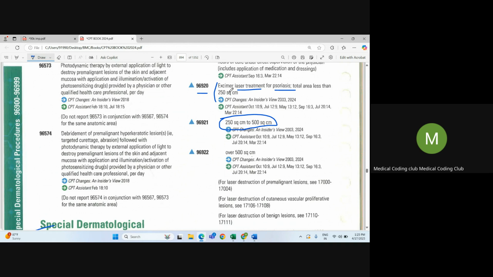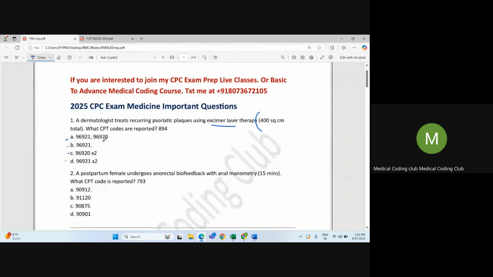The meaning of this procedure is that the dermatologist will treat skin conditions like psoriasis utilizing UV light. They will target the plaques and treat them with the UV lights. That is what EXCIMER laser treatment or therapy means. And since we have 400 square centimeters, the correct answer would be 96921. You can see the answer is B.